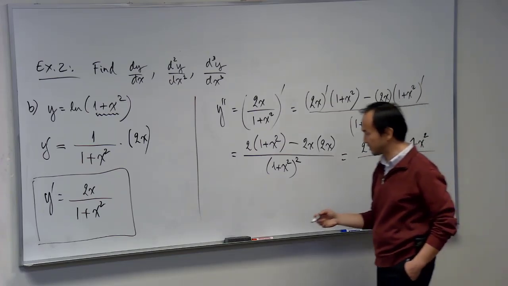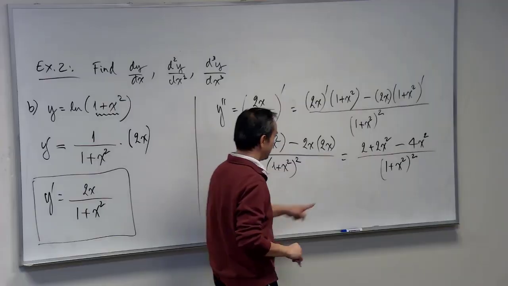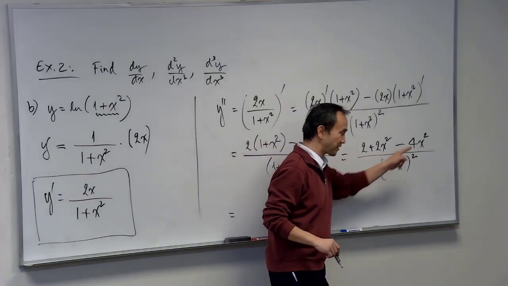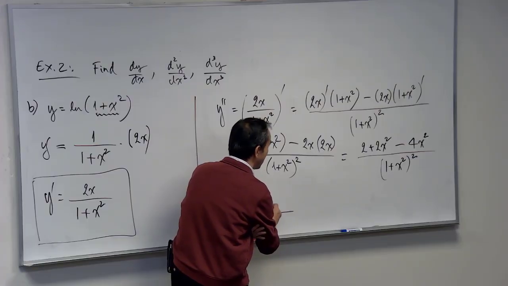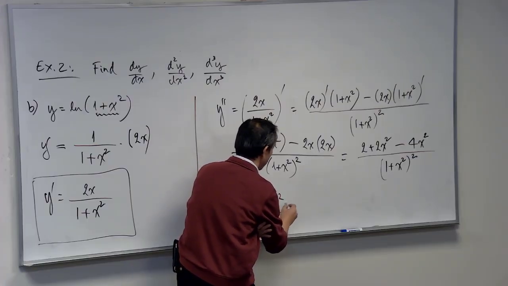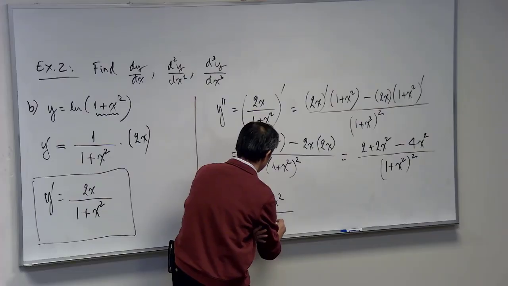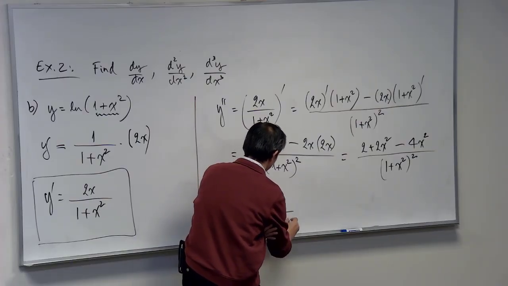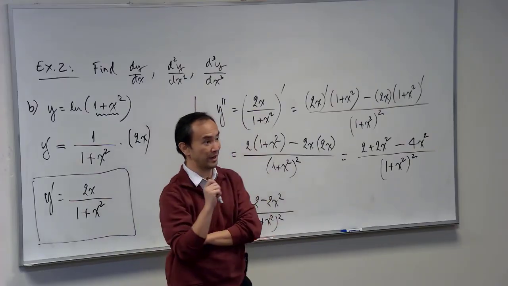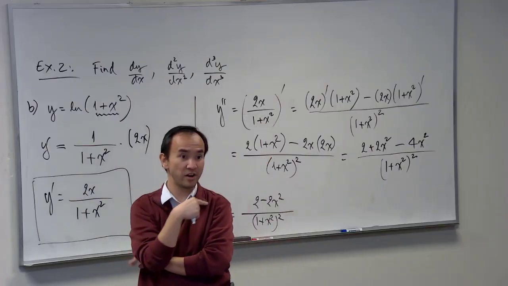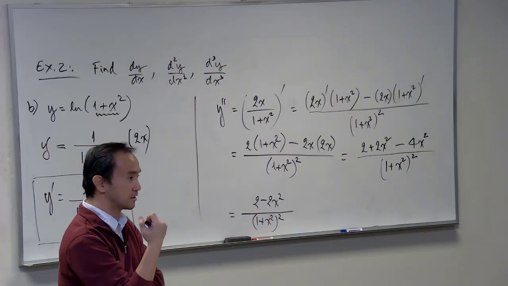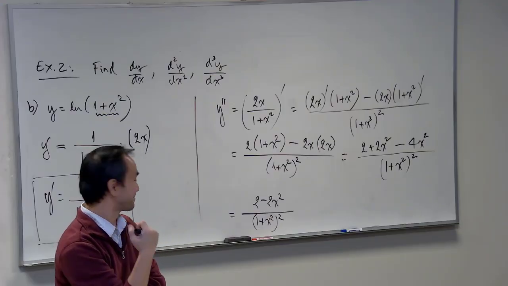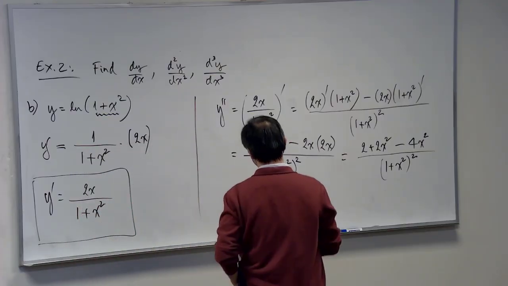One further step, we can combine like terms, making the numerator 2 minus 2x squared, and the denominator 1 plus x squared all squared. Look good? So the second derivative in this form makes it easier for the next step, where we're finding the third derivative. So there's my second derivative.